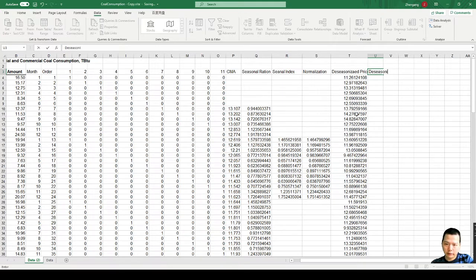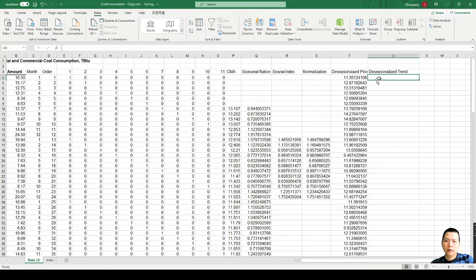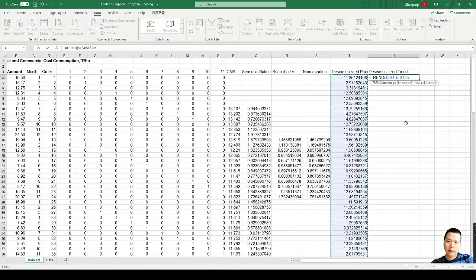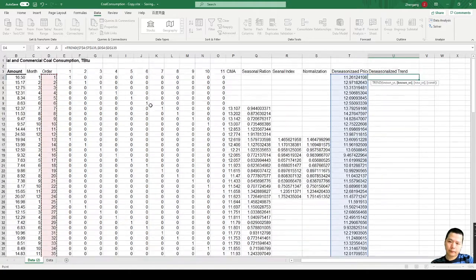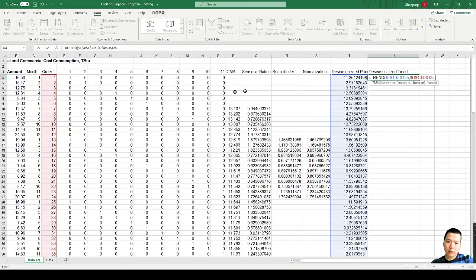This one only needs the trend, because it has the seasonal index removed. So the known y should be this decentralized price, the known x would be the order, and the new x is just this one.